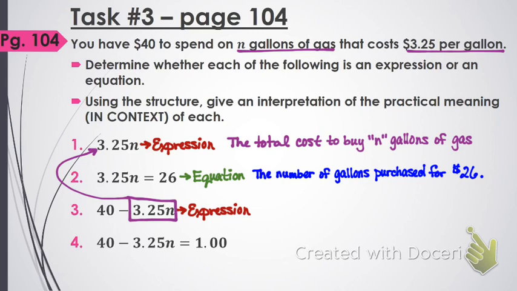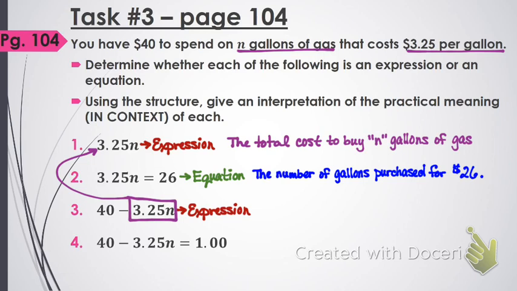Why would you take 40 minus the cost? Because 40 is your starting amount. 40 could be the starting amount, so why would you minus the cost? What would it tell you? To figure out how much you'll have left after buying gas. Yes. 40 would be the total amount that you have, not the total amount that you spent necessarily.